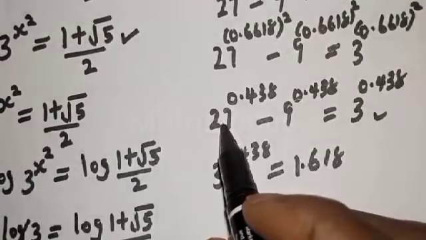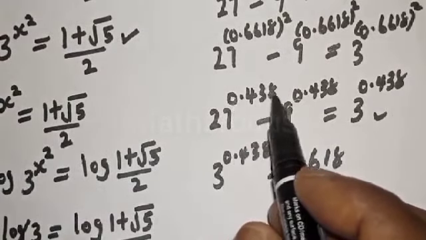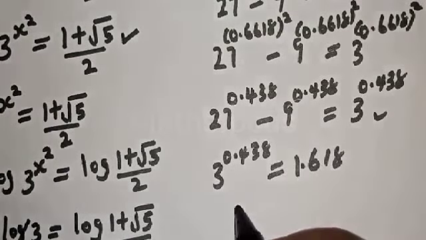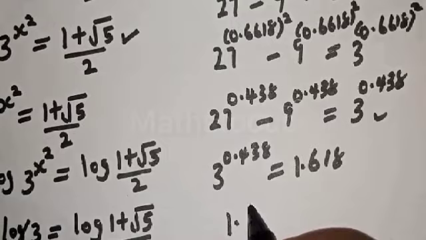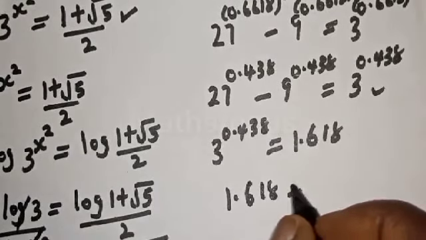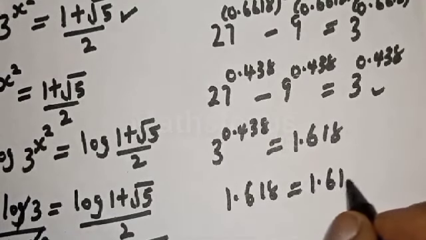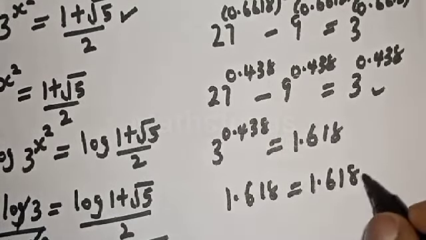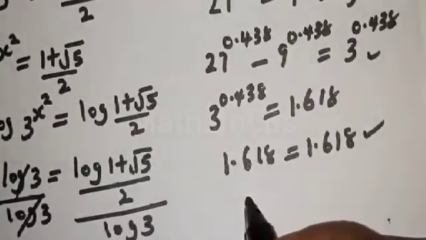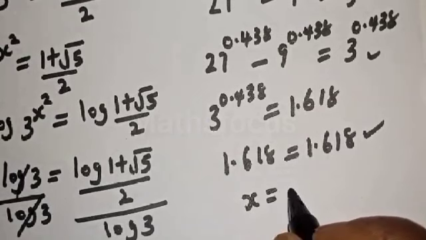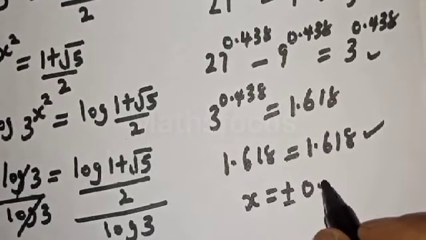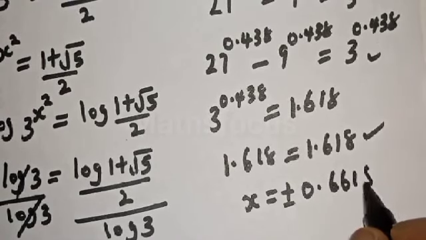Therefore, 27 raised to the power 0.438 minus 9 raised to the power 0.438 is equal to 1.618. We satisfy the given equation at x is equal to plus or minus 0.6618.